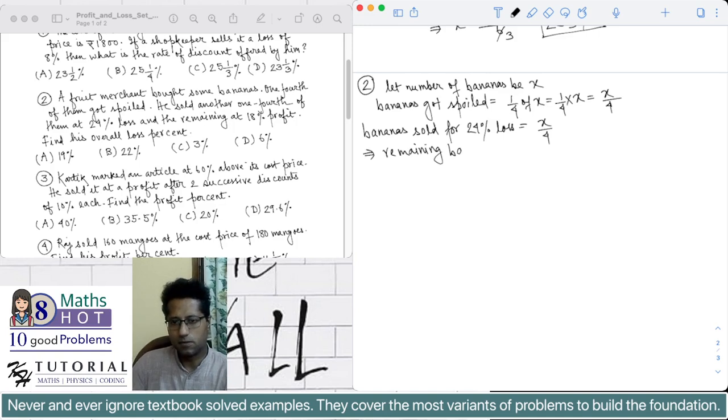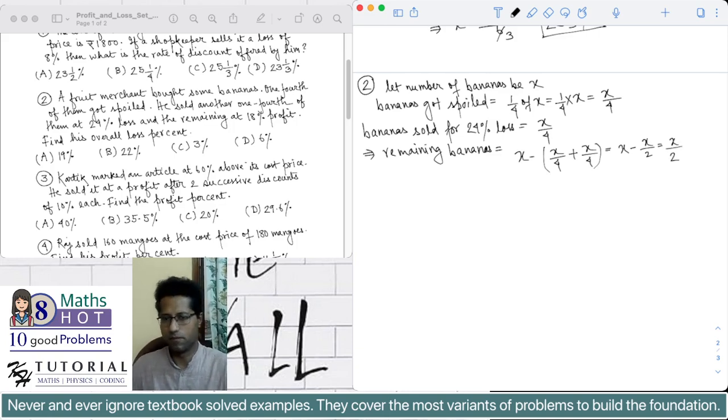The remaining bananas is equal to the total number of bananas, which was X, minus X by 4 that got spoiled, minus another X by 4 that were sold for 24% loss. So the correct way of writing is X minus X by 4 minus X by 4, which is equal to X by 2. That is, half of the total number of bananas is remaining.